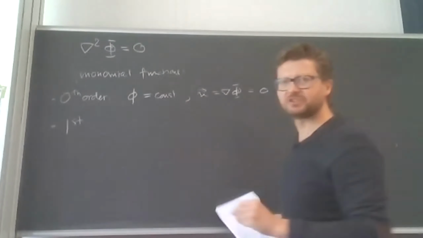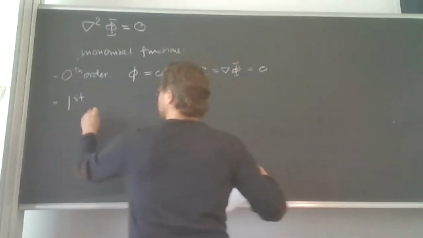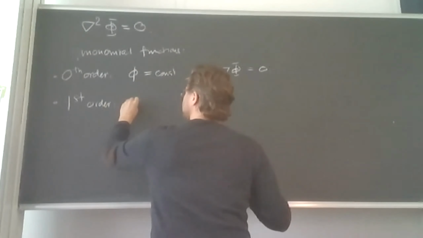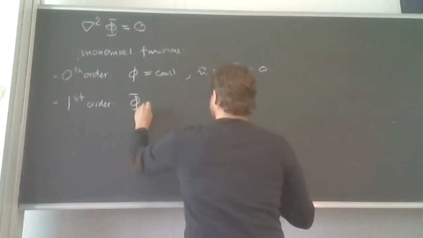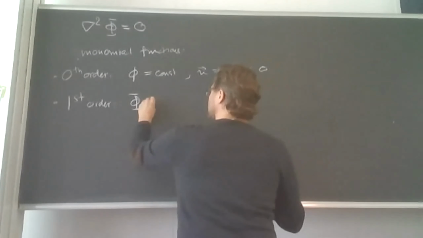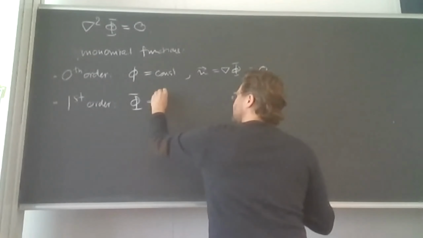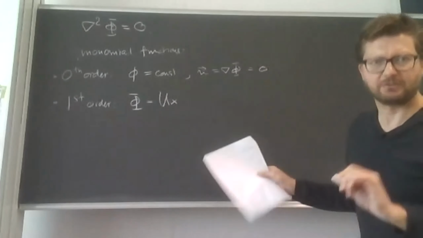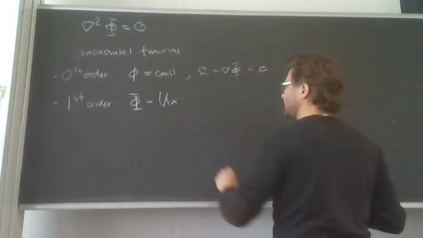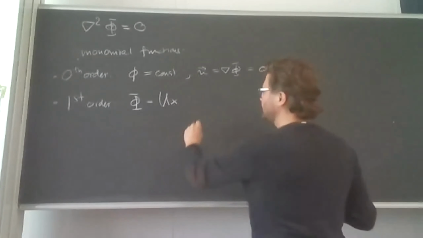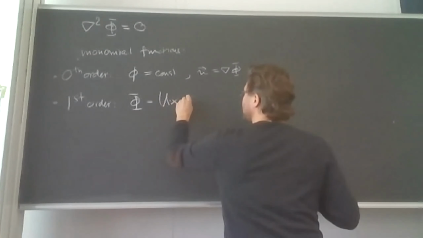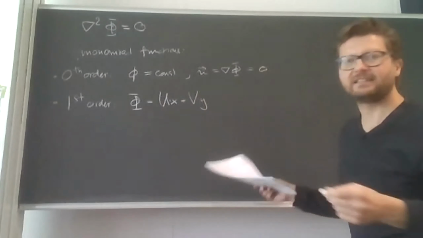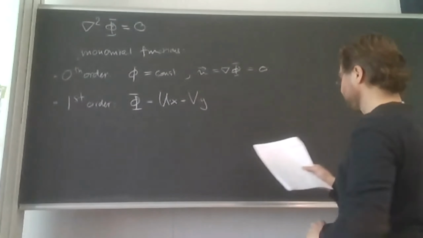Let's go to the first order solution. So phi would be, for instance, U times x, where U is now a constant. You will see in a second why I'm using the variable U. U times x plus V times y. It could also be a times x plus b times y.